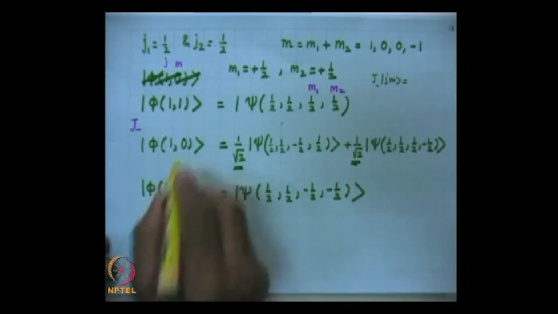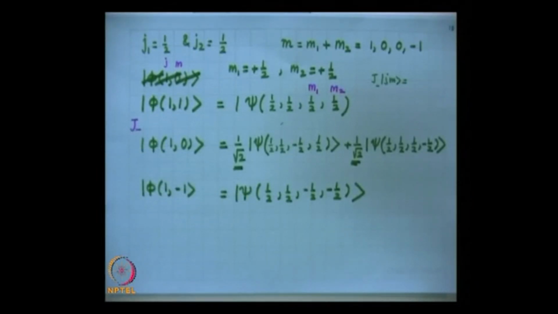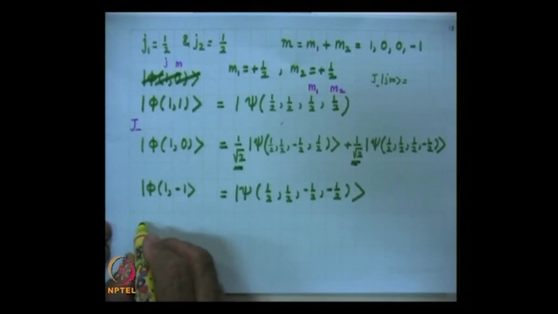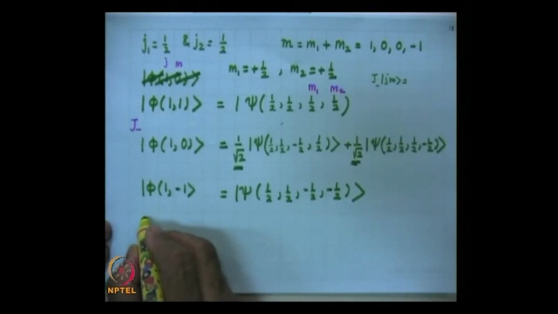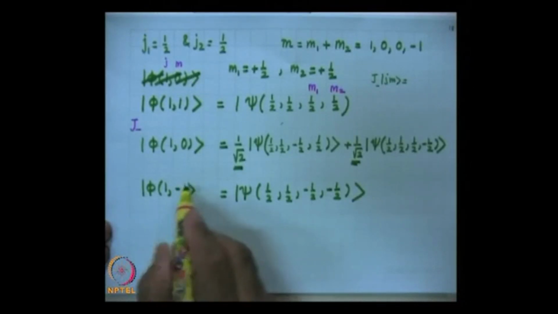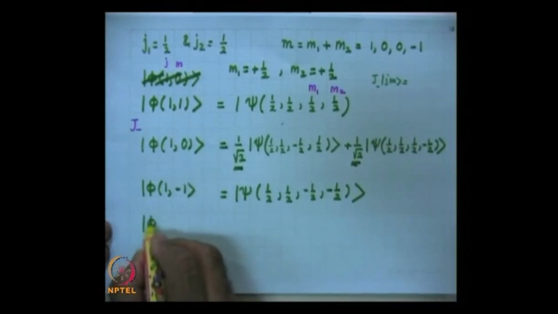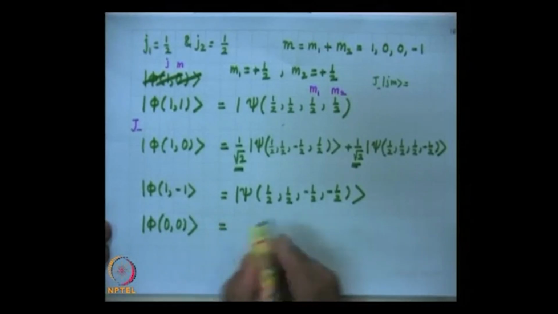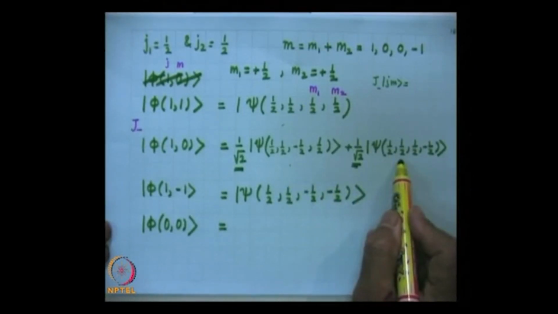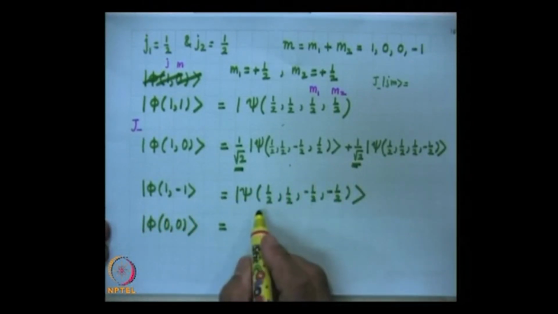Now, how do I get phi 0, 0? You cannot get it by operating with J minus or J plus, because the J value cannot change. So, you use the fact that this has to be orthogonal to that. So, you write down phi of 0, 0 will be a linear combination of these two such that it is A, normalized, and B, orthogonal to this.